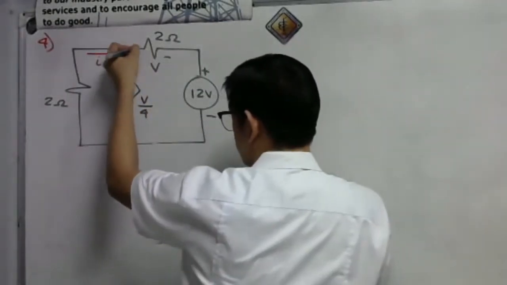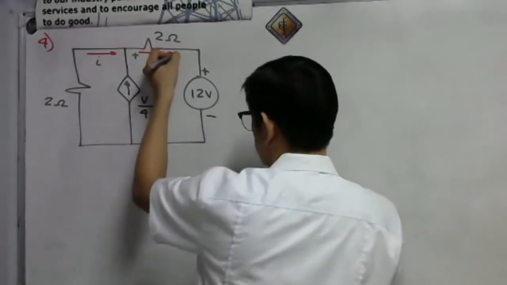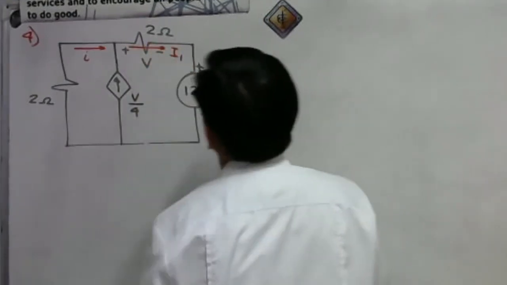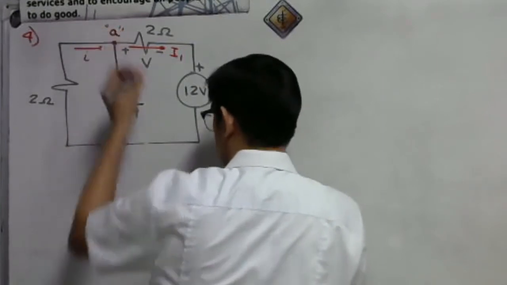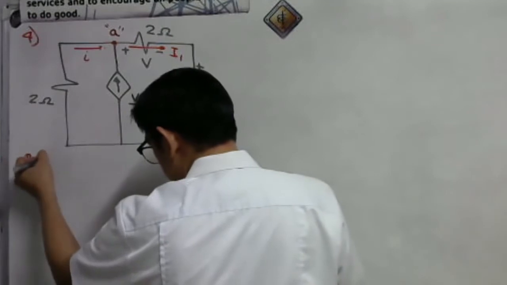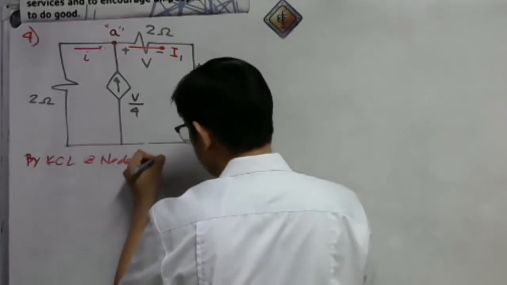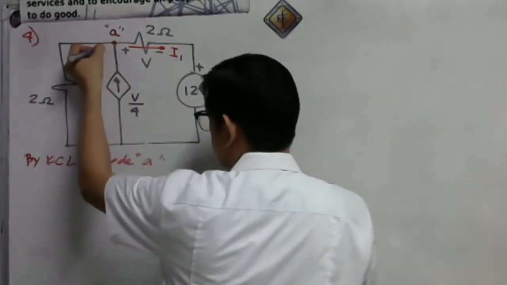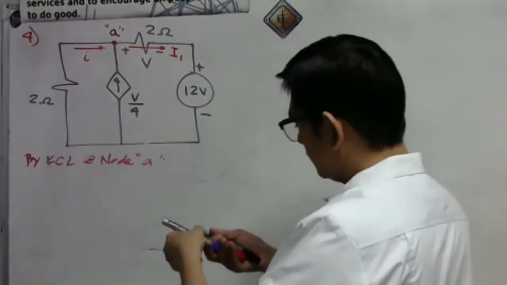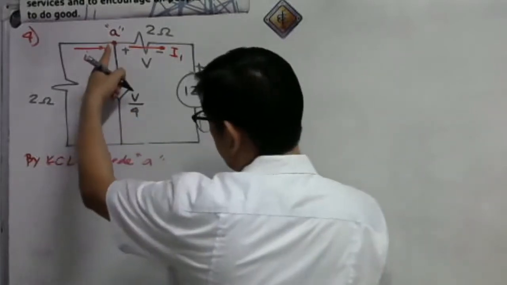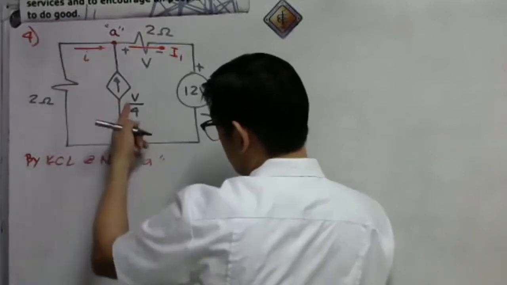I will assume a certain current here, let's say a current I sub 1. Let's assign this as node A. By Kirchhoff's current law at node A, the current entering is equal to the current leaving.